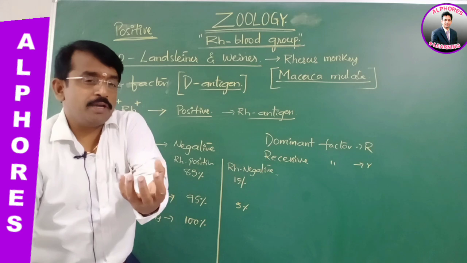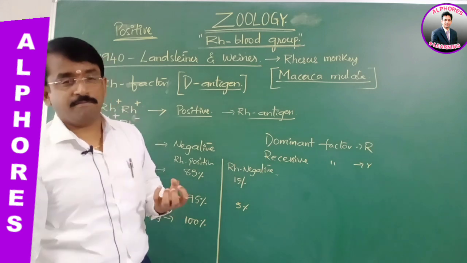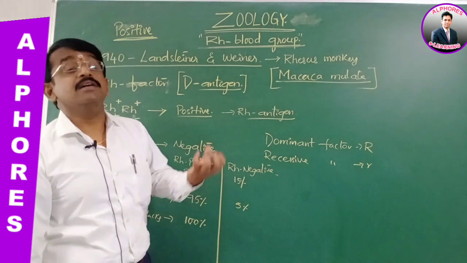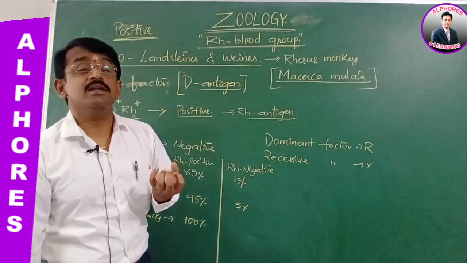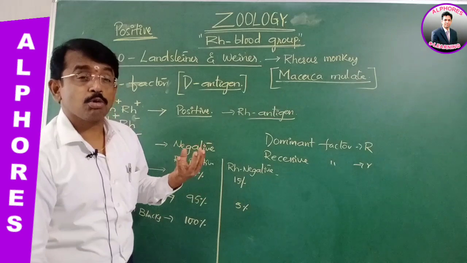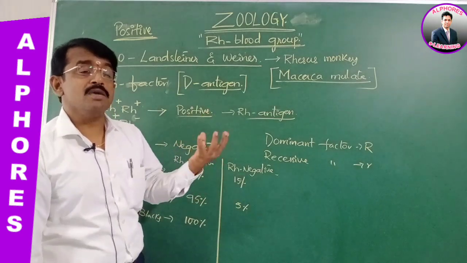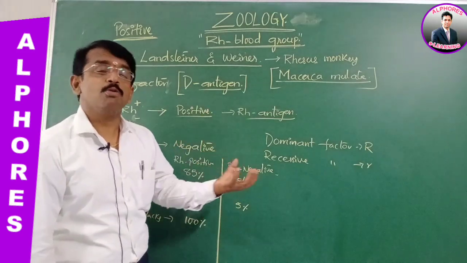If she is found to be Rh negative, then the baby is going to be prone to HDN or HDNB, erythroblastosis fetalis, or hemolytic disorder of the newborn.